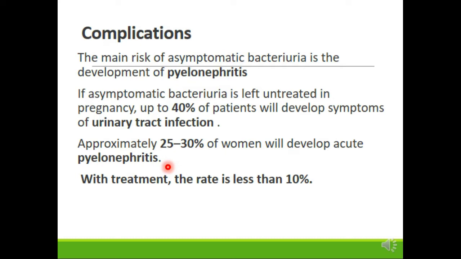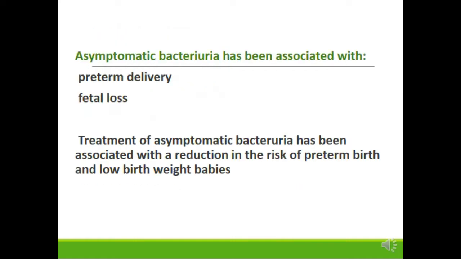With treatment, this risk will decrease to less than 10%. Asymptomatic bacteriuria has also been associated with preterm delivery and fetal loss. So the treatment of asymptomatic bacteriuria is associated with reduction in the risk of preterm birth and low birth weight babies.